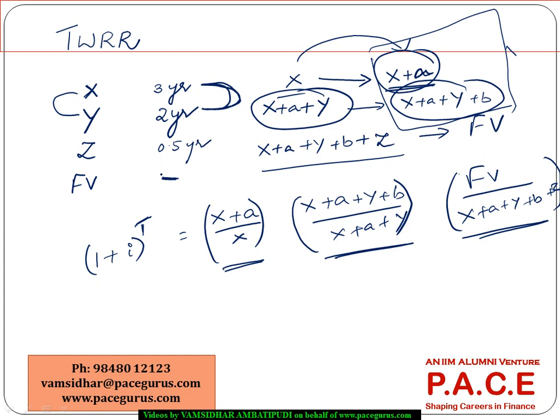Before and after every cash flow, we are looking at the value of the fund, and then taking all the returns, multiplying those returns, equating it to (1 plus I) to the power t, and from here we will compute that particular I by raising this entire thing to the power 1 by t, taking the tth root of this entire multiplication, or the weighted geometric mean, to arrive at the interest rate, which is what we call the time weighted rate of return.